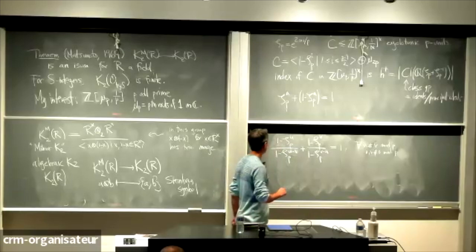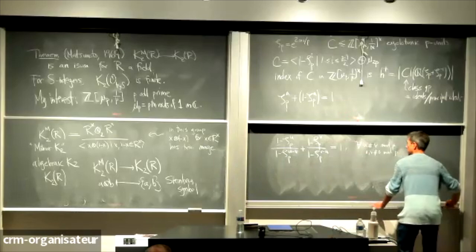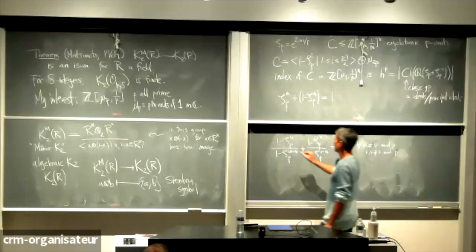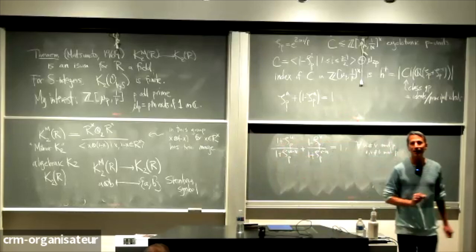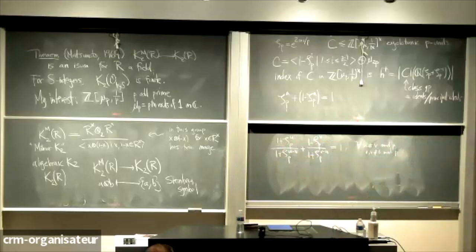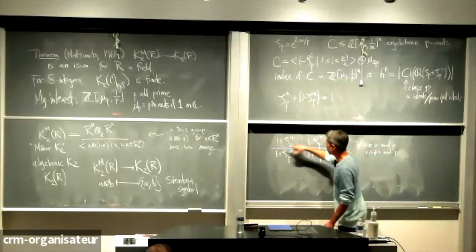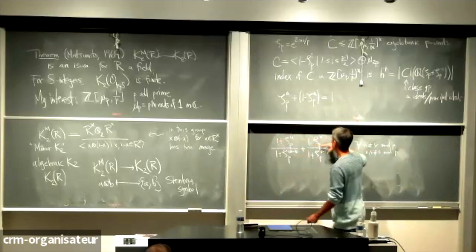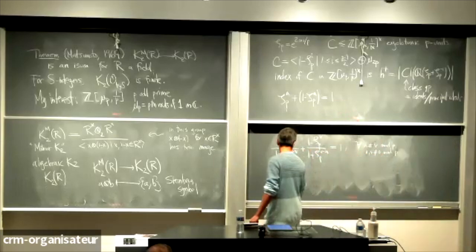But first, I'm allowing p-units, so I can quickly get some more. Plus, plus, plus. Okay, I think this still ends up adding to 1. Now this is a unit, this is a unit, this is a unit, but this is a p-unit, so it's not sums of 2 actual units.